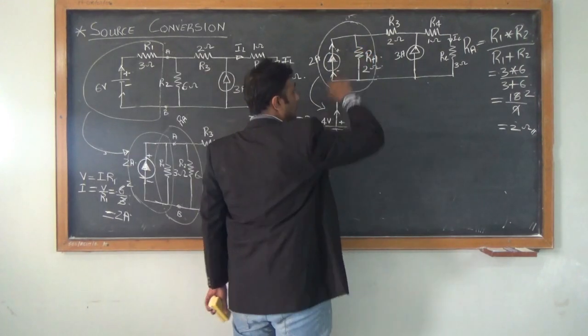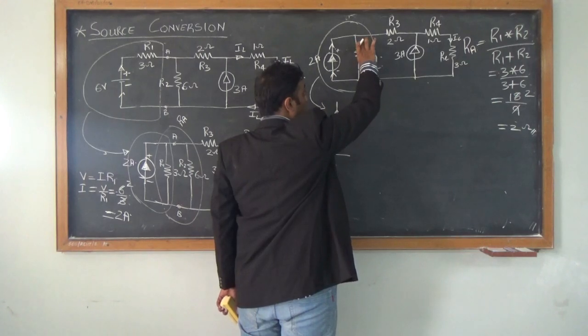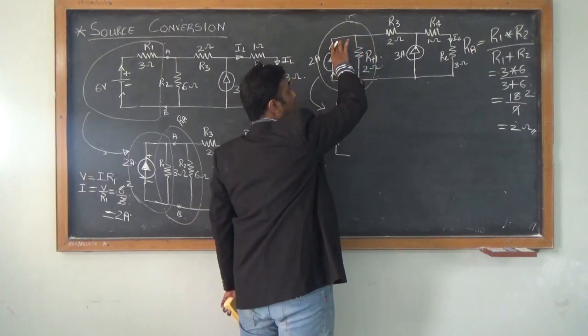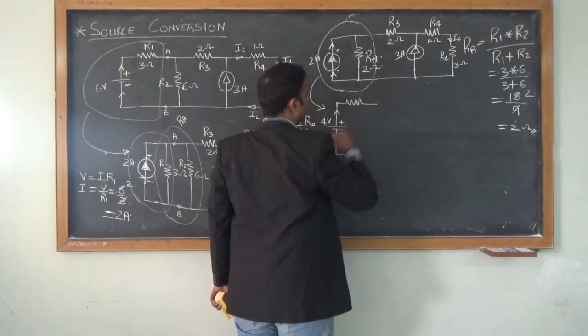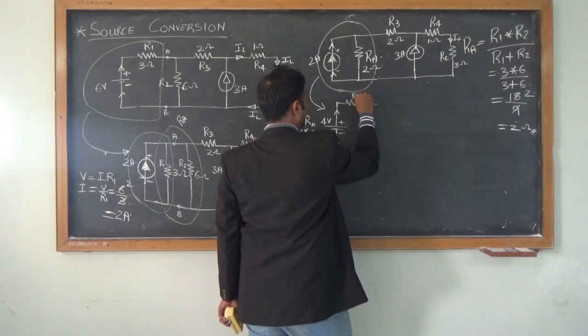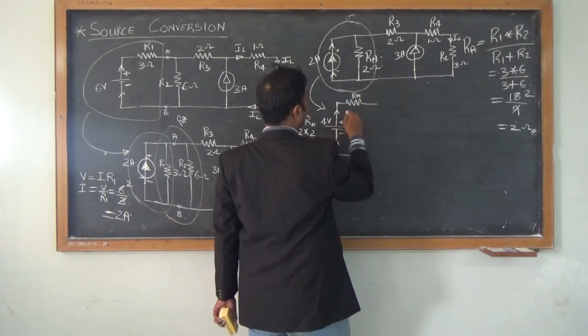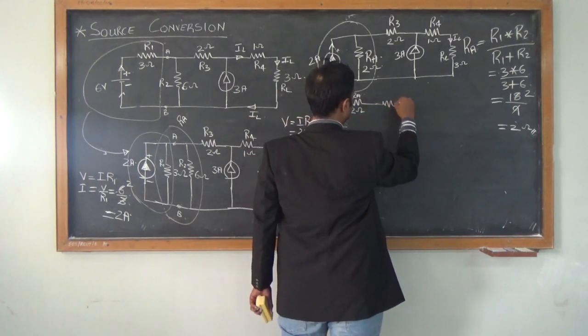Now, what happens to this resistor? According to the rule, the resistor in parallel with the current source becomes in series with the voltage source. So I have a resistor known as RA right now in series with the voltage source. So I have 2 ohms here.